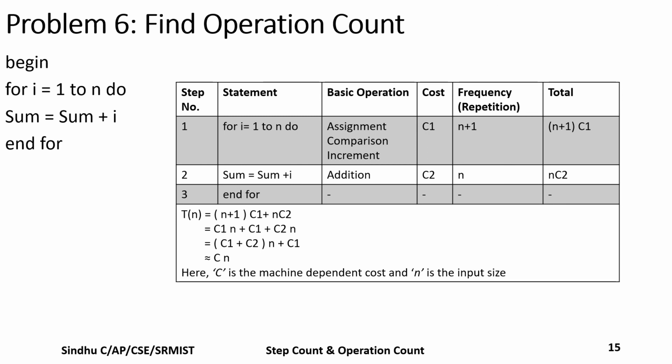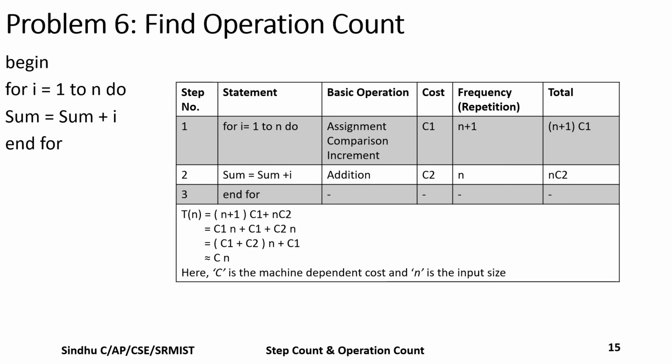And end for is a non-executable statement, so let's not worry about that. Now, what is the total? You just have to add n plus 1 into C1 plus n into C2. This is just normal expression evaluation, where first you multiply n plus 1 with C1, so you get C1n plus C1. Then you have the third component, which is C2n.